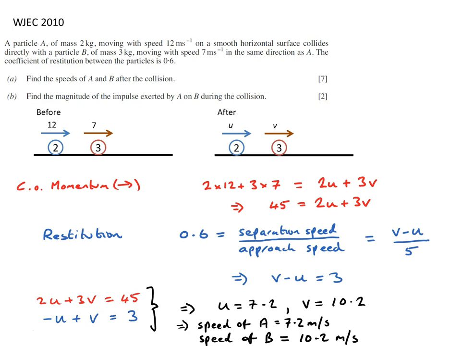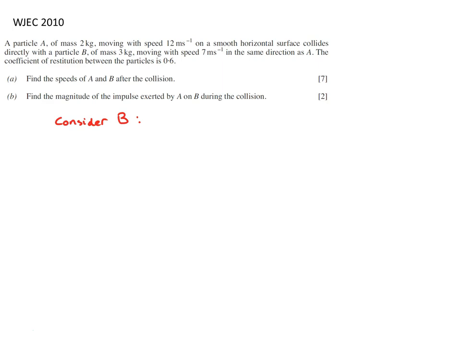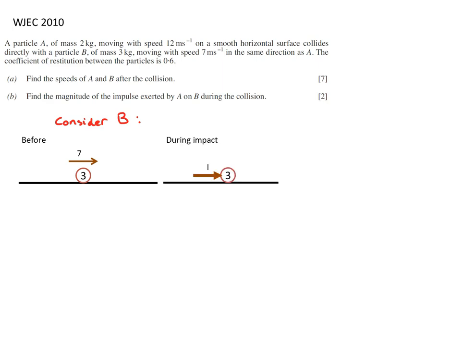Finally, on this question, we have to find the magnitude of the impulse exerted by A on B during the collision. So we're going to just consider B alone. Before the collision, it's moving at 7 meters per second to the right. It then receives an impulse from A during the impact, and after that impact, it's moving at 10.2 meters per second to the right.